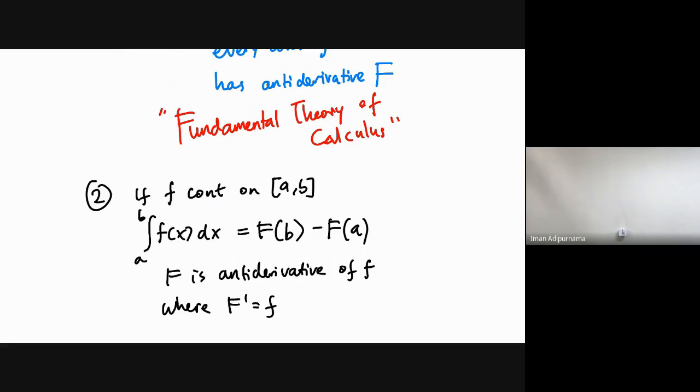If you find any antiderivative form, for example, you have the function tangent x, and f prime is secant squared x, right?